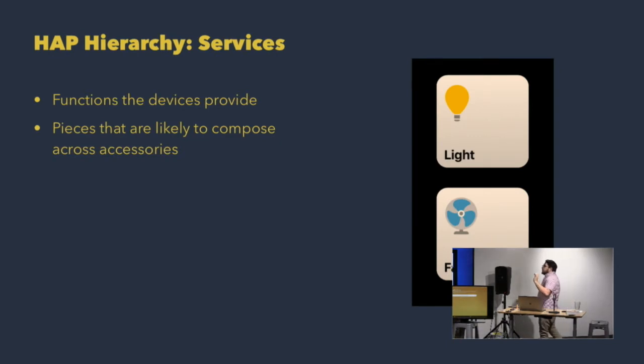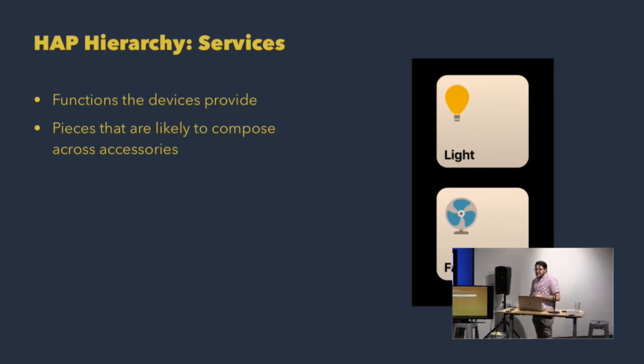So that leads to the major other tree of data inside of HomeKit, which is the service. The service is one of these aspects of a device, a concrete piece of functionality that the product you bought at a store supports.